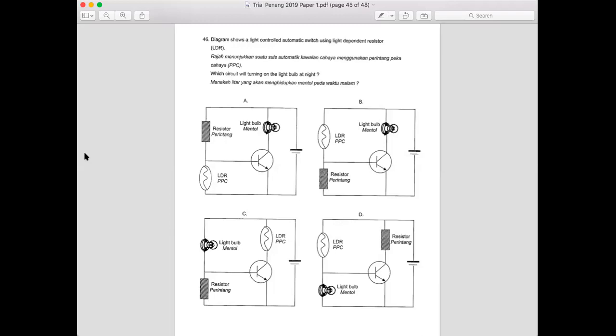B would light up during the day. What we want is the base voltage, between B and E. Base voltage is the bottom part.